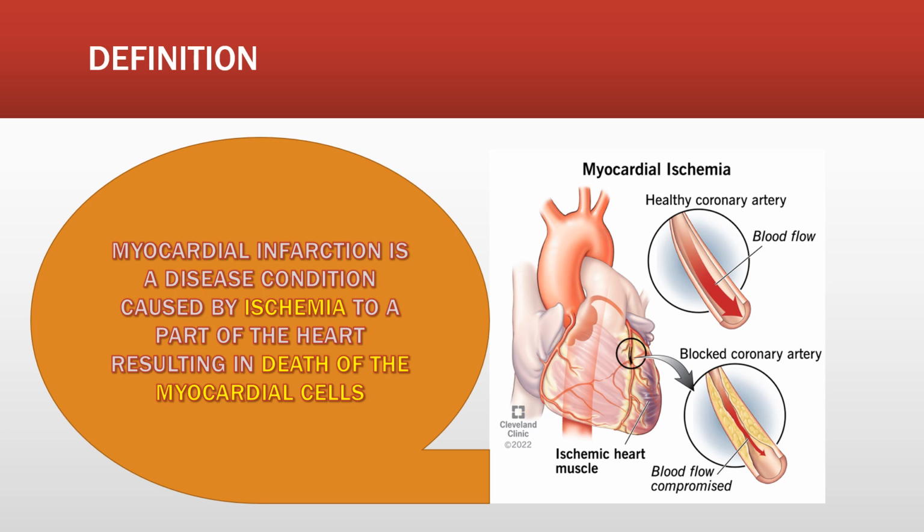What do you mean by ischemia? Ischemia is lack or deprivation of oxygen supply to a part of the heart, resulting in death of the myocardial cells. As you can see in the image, the blood flow through the coronary artery was great, and when plaques are formed, it becomes reduced and there is ischemia in the myocardium.